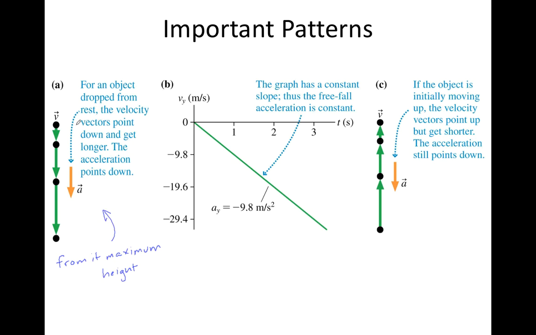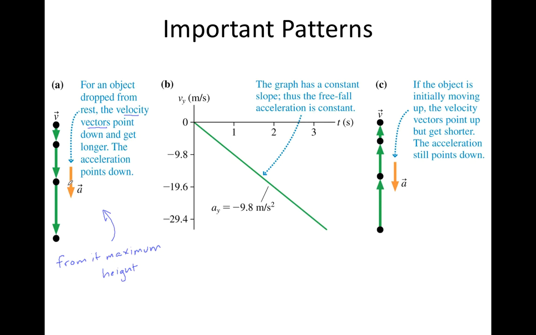So an object that's dropped from rest will fall downwards. So its velocity vectors, remember the velocity vector points in the direction that the object is moving, are going to point downwards because it's moving downwards, and they get longer. Remember, the length of the arrow indicates the magnitude of the vector. And so the magnitude of the vector, or speed, is getting much bigger as an object falls. And that's because the object's velocity vectors and acceleration vectors are in the same direction.